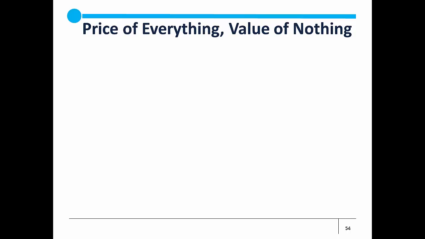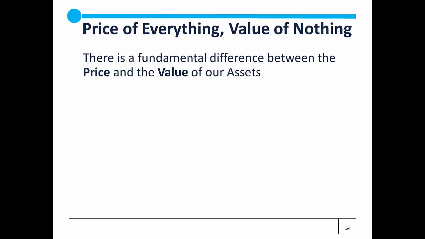So now we have to think about the conceptual difference between the price of these assets and their value. And there is a big fundamental difference between the price and the value of our assets. And let me just explain that a little bit. So the price here is the objective price of these assets, right?